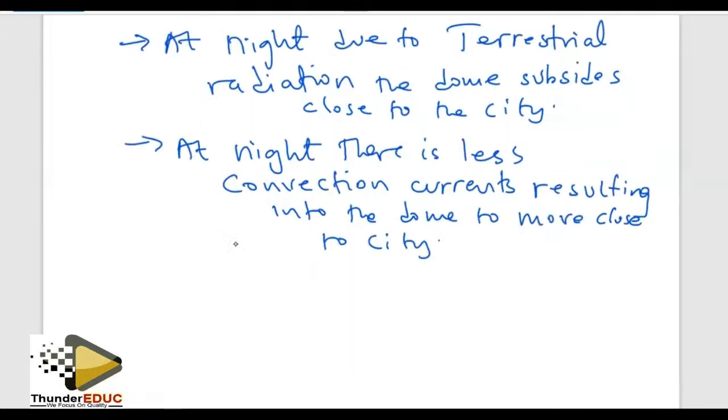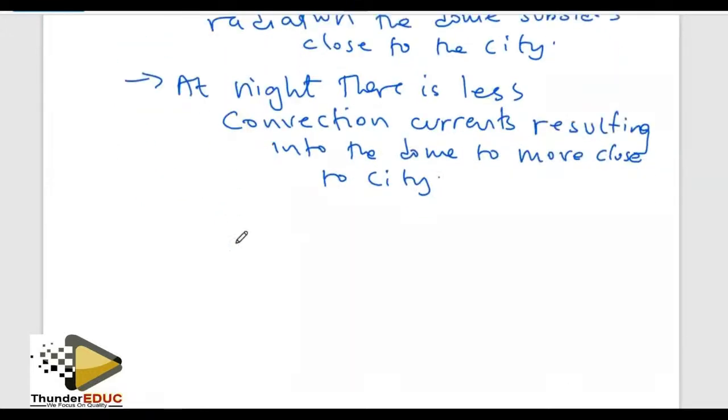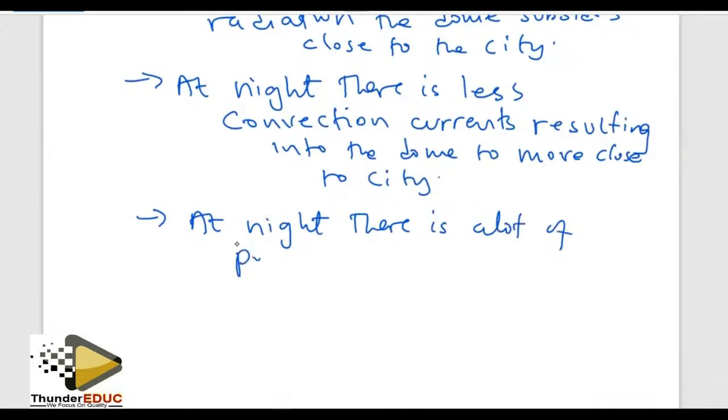As well, at night, there is a lot of pollution trapped in the air.